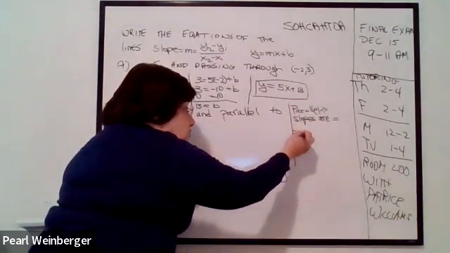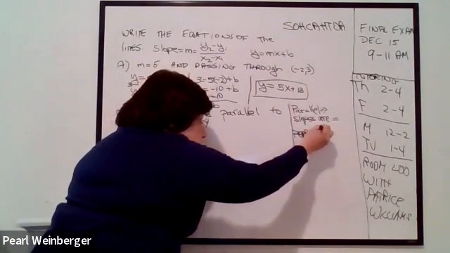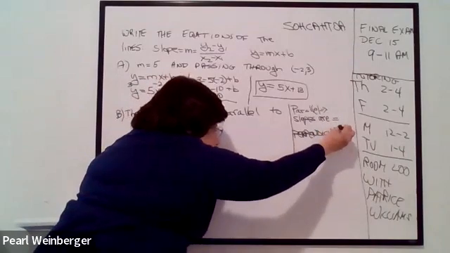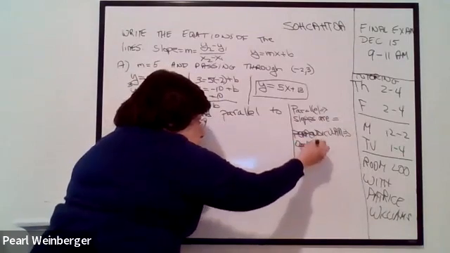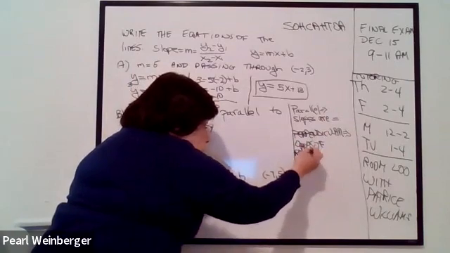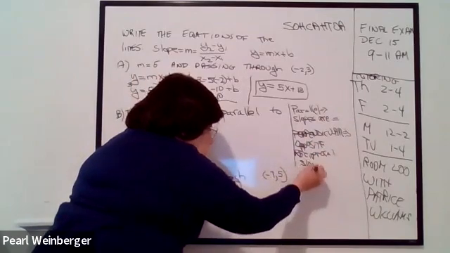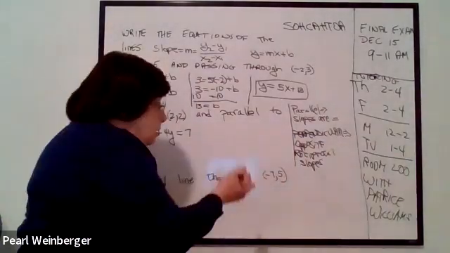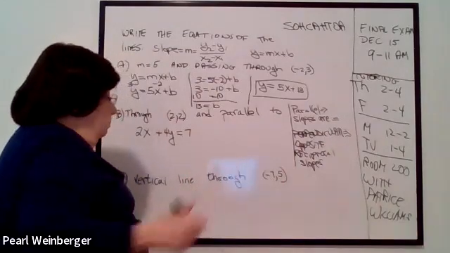Perpendicular lines have opposite reciprocal slopes. So the slopes are not the same when the lines are perpendicular. They are flipped over and have opposite signs.